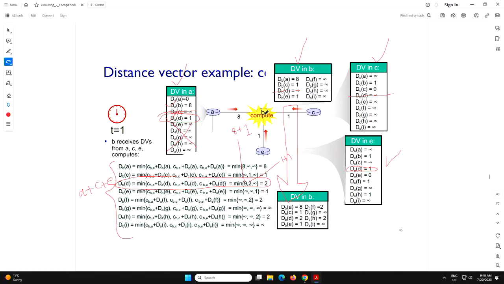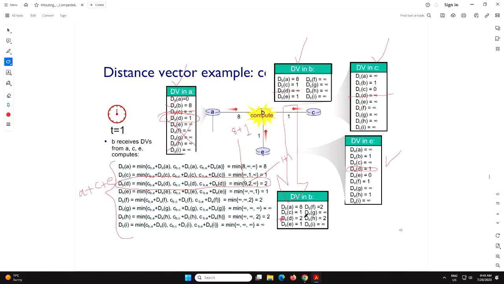So now B sees that it has two options, right? It has learned that it can go to D, which before it was not there in its routing table. So this is a good thing. It has learned a new destination, right? And it has two options. If the next hop is A, then the cost is 9. But if it goes via E, the cost is 2.